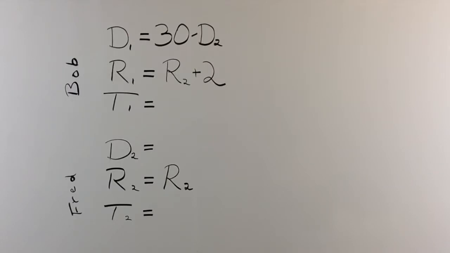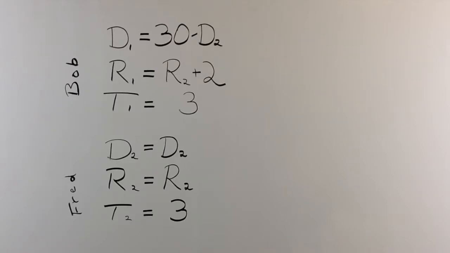For D2, we're going to put D2. And did they give us time? Yeah, they did. They gave us a time of 3 hours. So let's just put that down for both of them. And now we have enough information to build our first formula. D1 equals R1 times T1. You already know that. D1 is 30 minus D2.